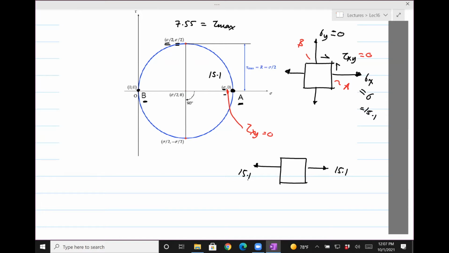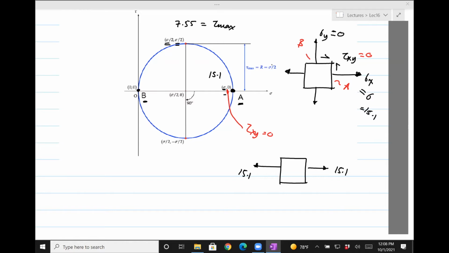Then this is what I get, 7.55. So I need to fix the solution then. Yes, the solution is wrong. Does everybody agree with me? Yes, so the solution is incorrect. My bad. I didn't really check the solution in detail.